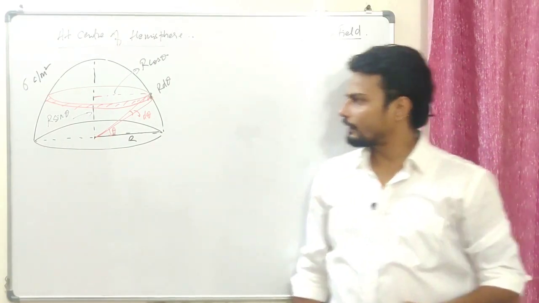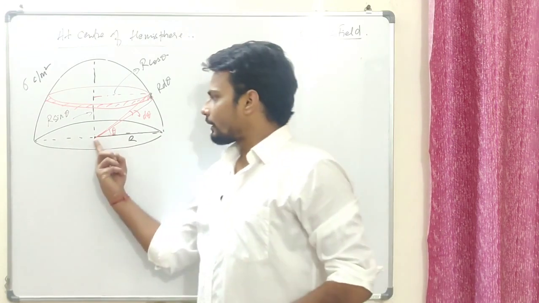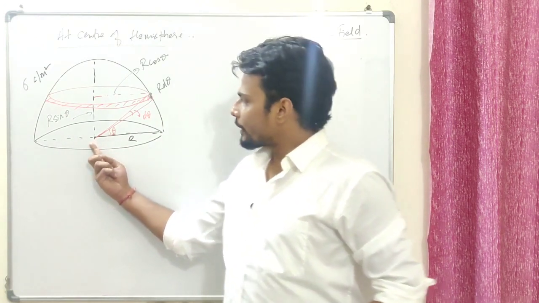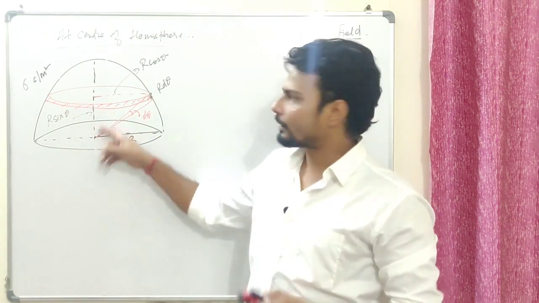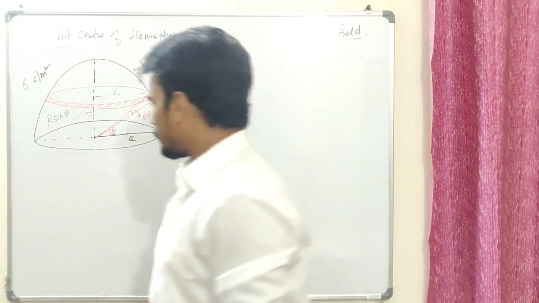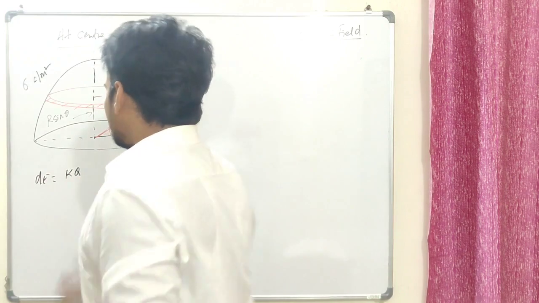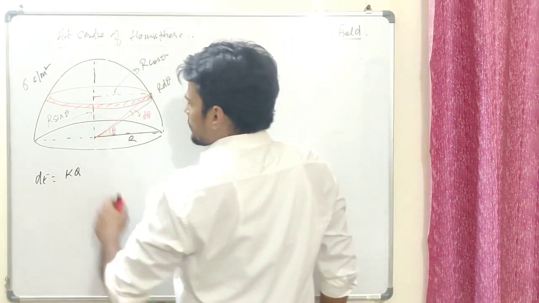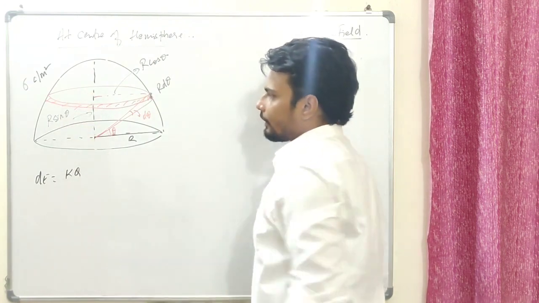The next part is to find the field because of this elementary particle, which is a ring, at this particular point at the center over here, right? So you can see, guys, this point is on the axis of the small elementary particle, which is a ring. I know what the field is because of a ring on its axis. Again, that same thing is going to be over here. So the small field should be how much? KQx over, all right guys, this length is going to be r sin theta.